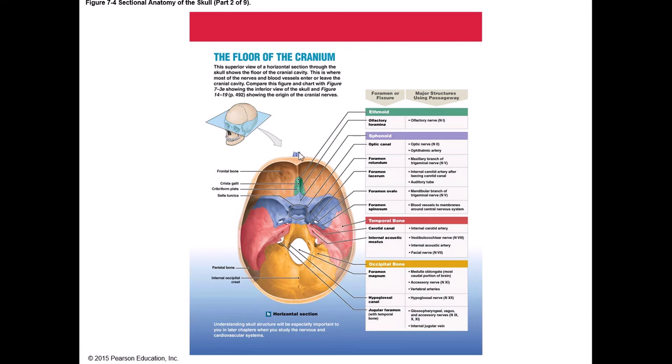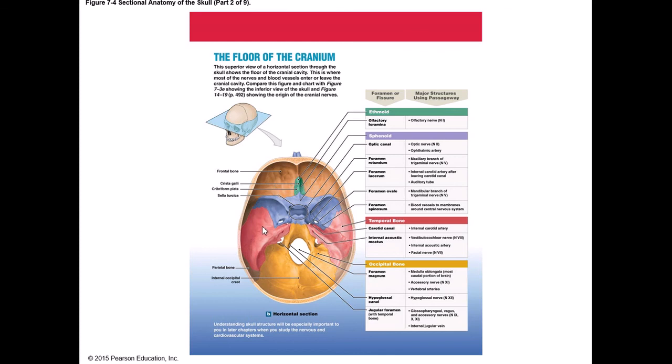Finally, we'll take a look at the cranial floor. We're going to divide the cranial floor into three regions. Up over here, this whole area here, this is known as the anterior cranial floor. Sometimes we call it the anterior cranial fossa. A fossa is like a shallow depression.